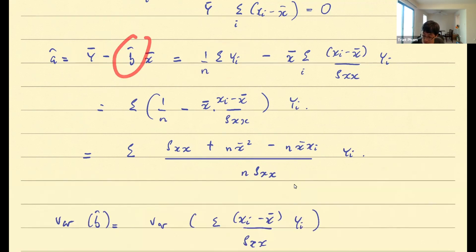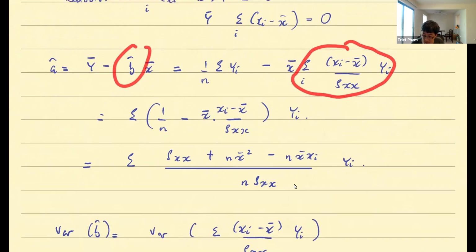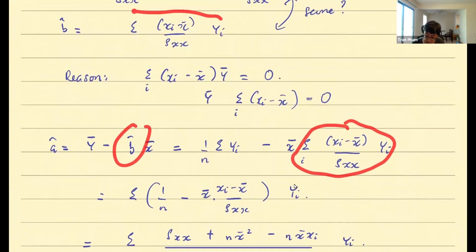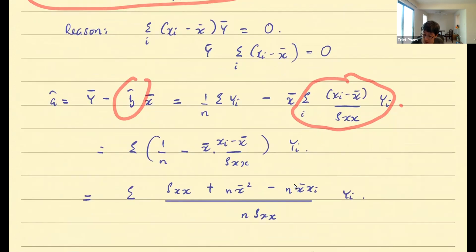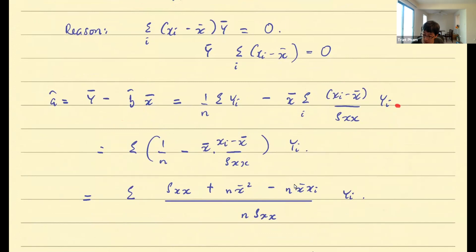B hat in terms of yi is this, and that's exactly our work in the previous ones. After you get this, it's a simple factorization: factor out yi, and the sum is inside. Then the textbook gives you this formulation, but it's simply a common denominator.